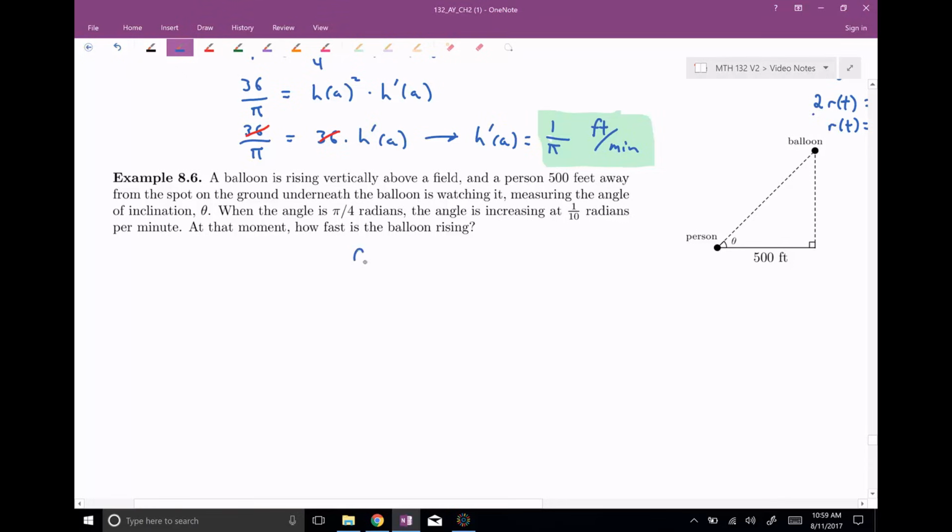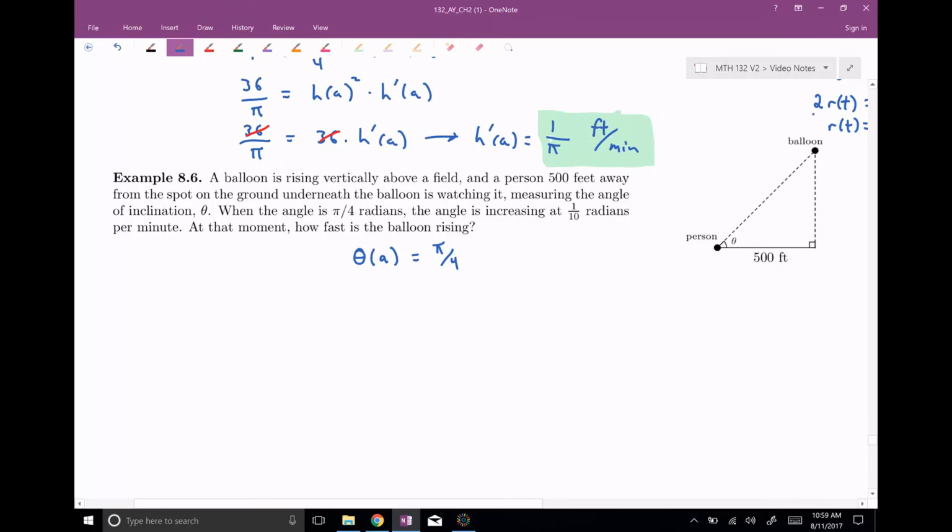So I'm going to say there's some theta that depends on time, and at a particular instant of time, that theta value is pi over 4. In the previous problems, I've been denoting a particular instant of time with a. But if you're physicsy, you can use maybe t sub 1, for instance.